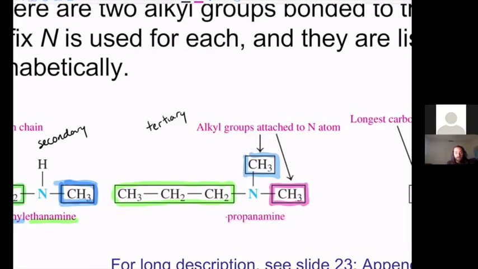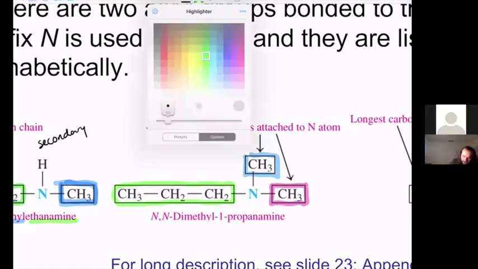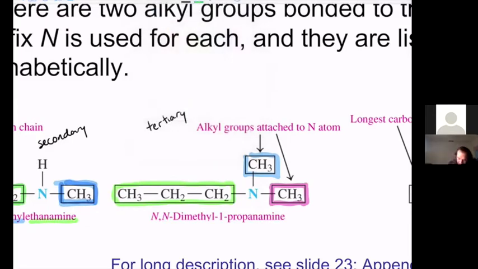But again, we're going to indicate these other carbons that are bound to the nitrogen using the letter N. So this would be N,N-dimethyl 1-propanamine. Let's pick this apart and make sure we understand where this came from. My parent chain was 3 carbons long, so that's prop. The functional group that we have is the amine, so that's why it's propanamine.